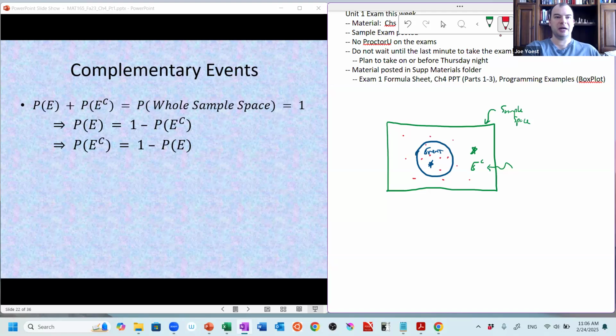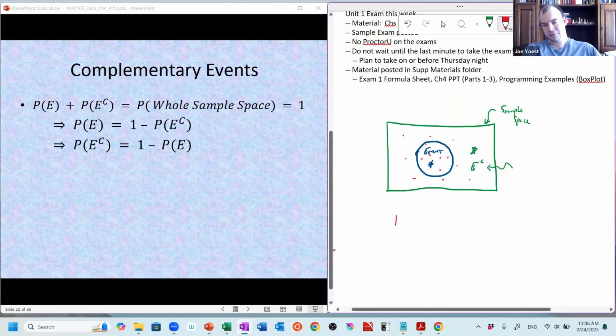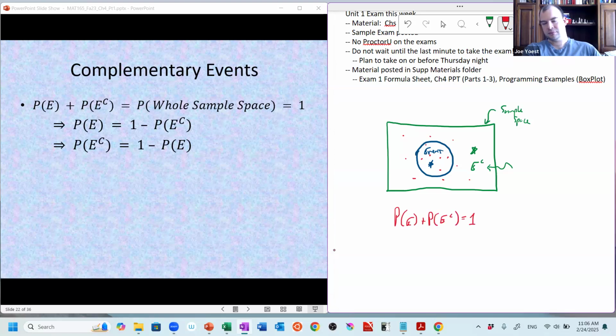That's the probability that some outcome happens on a probability experiment, which is 100%. So the probability of an event plus the probability of its complement equals 1. And we could rearrange that to say that the probability of an event is 1 minus the probability of its complement.